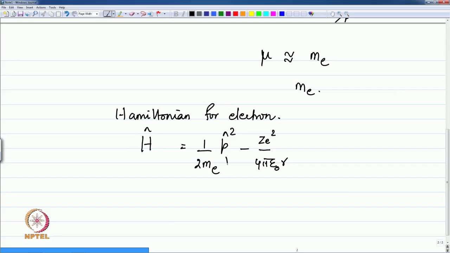And this p squared, which is an operator, is given by p_x squared plus p_y squared plus p_z squared, the three components of the momentum in a coordinate system which is fixed in the nucleus itself.